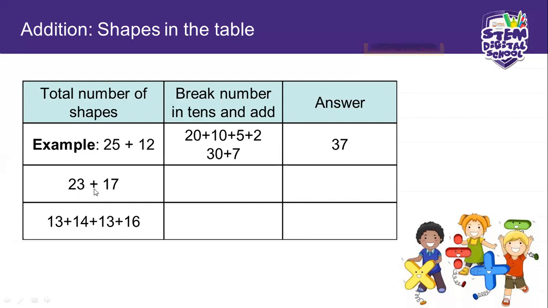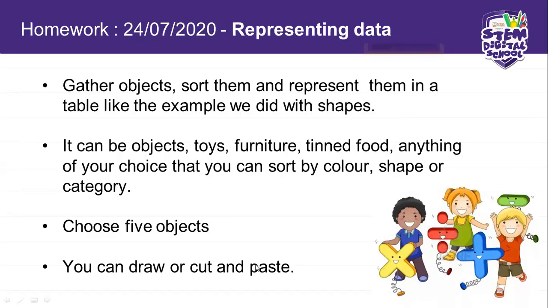So what you're going to do here, you're going to break down this number 23. You'll break it down here. And 17, you break it down there, and then you get your total number, and then you'll give me the answer there. Same applies to this one. You will break it down in multiples of 10, and also the units, you'll add them together, and you'll give me the total there. Okay, let's see the next one.